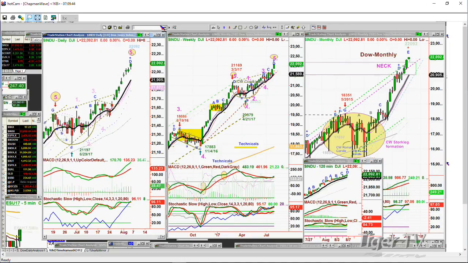What's really important about this is that the Dow has had 1, 2, 3, 4, 5, 6, 7, 8, 9 consecutive moves to the upside, 9 consecutive highs, 9 consecutive green candles, and statistically you would anticipate there's got to be some kind of a pullback here.